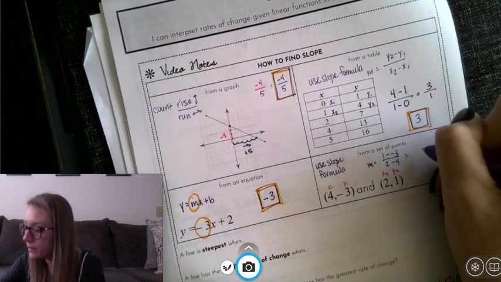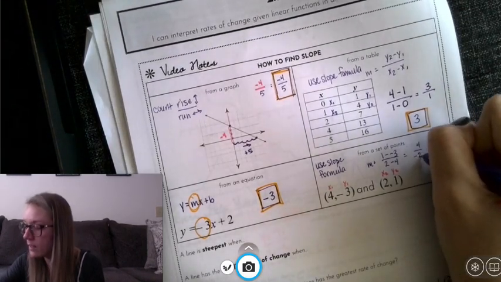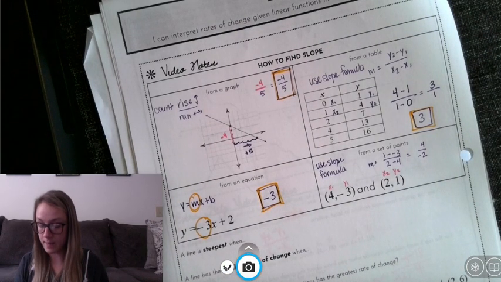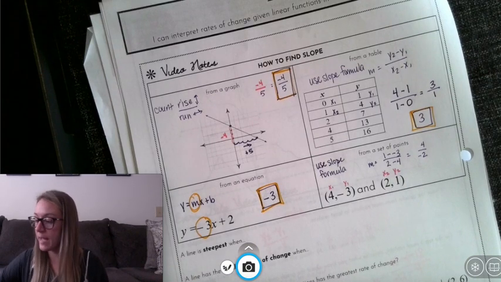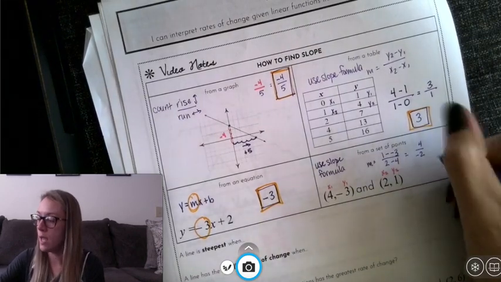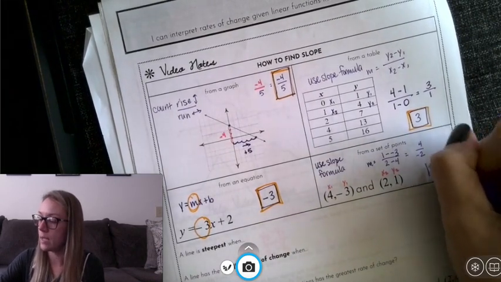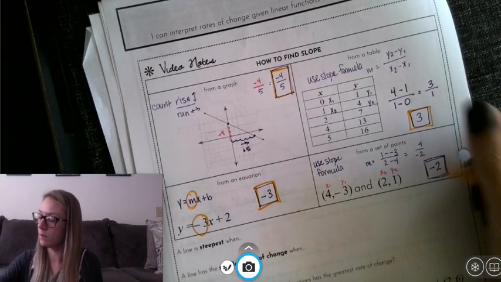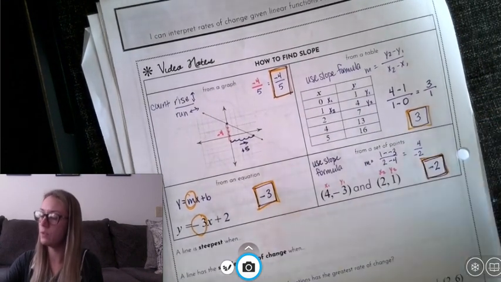And I can simplify that. I'm just going to double check. So 1 minus a -3, that does turn into a big plus sign, and then 2 minus 4 is -2. When I simplify this whole fraction, I get -2 as my slope. So my slope is -2.